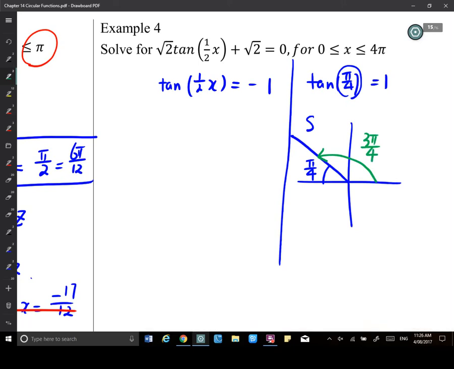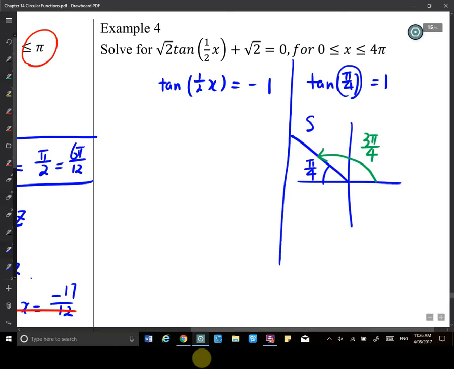Because it is in the second quadrant with reference angle pi on 4, it will give you the value 1 with a negative sign in front, because it's in the sine quadrant, so tan will be negative. So half x will be 3 pi on 4, and x will be 3 pi on 2.